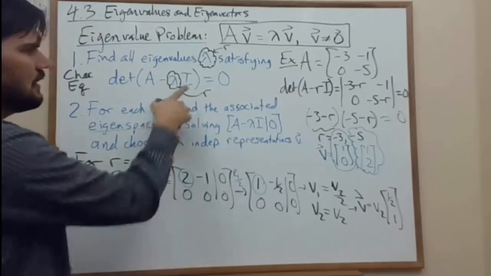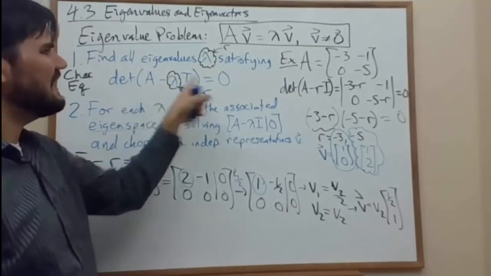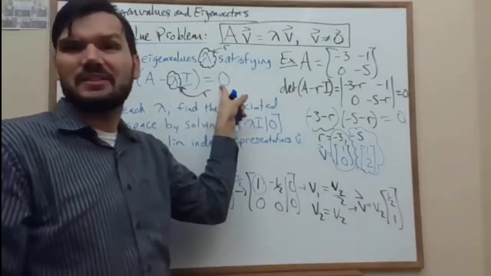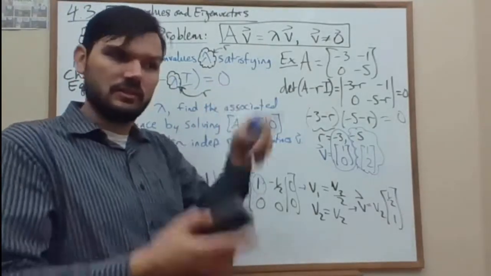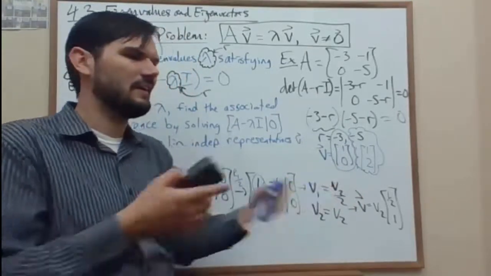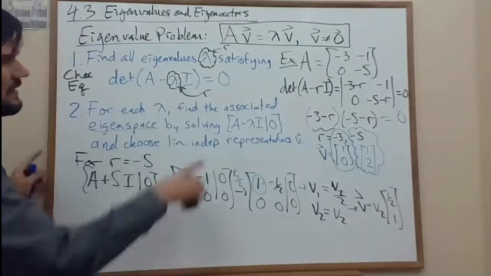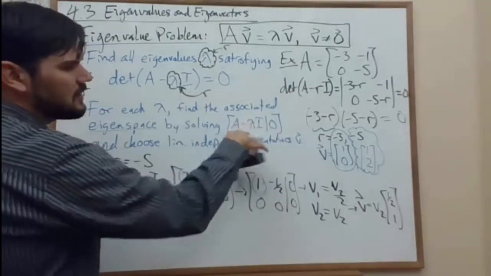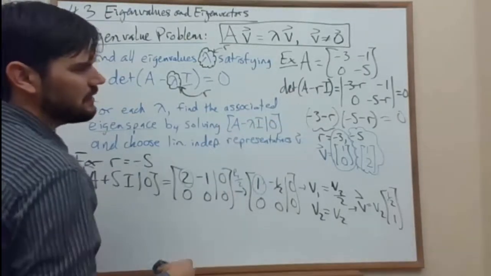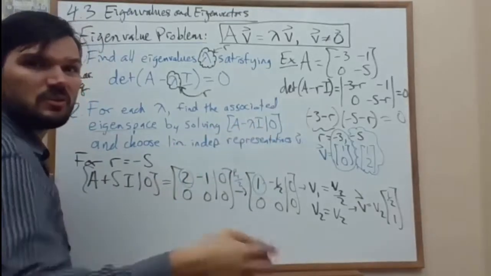One thing to think about is whenever we've seen determinant equal to 0, that means there's no unique solution. Determinant not equal to 0 is what we needed when we were working with Cramer's rule and finding that unique solution. So this is the opposite of what we usually deal with. And then solving with a matrix augmented with 0 means that our right-hand side is 0. We're solving for the homogeneous solution.